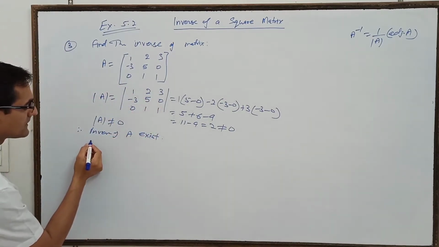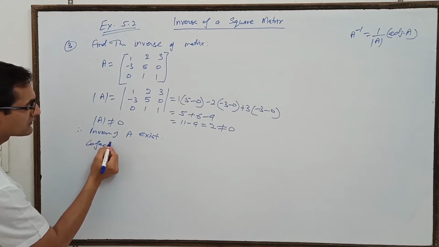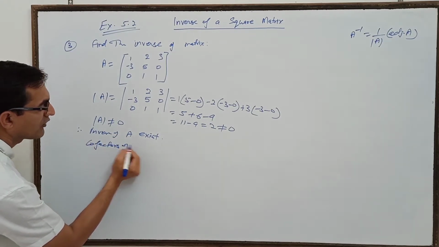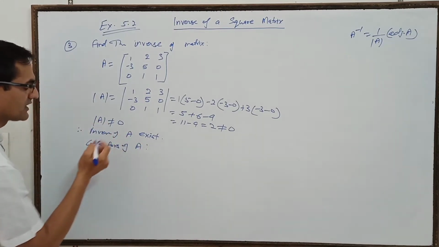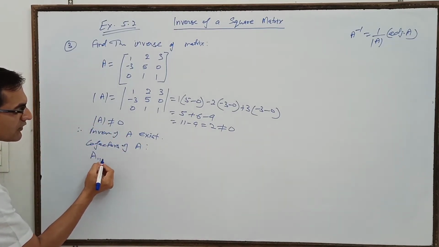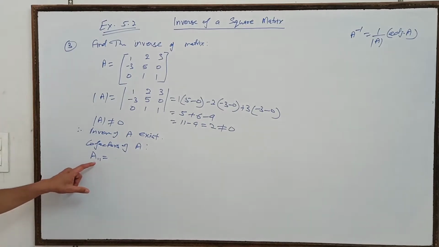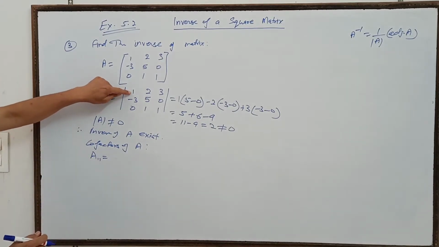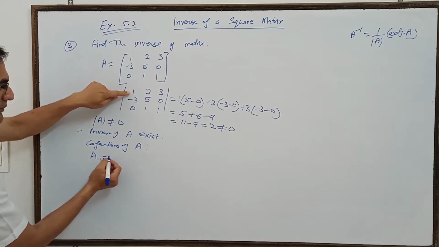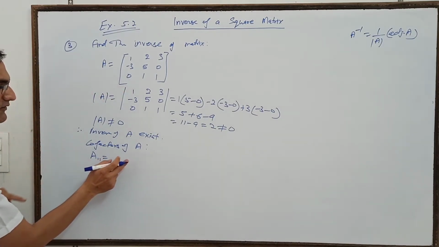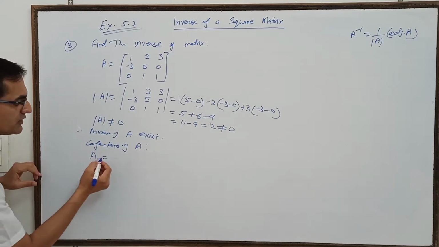Now, cofactors of A. A11. The sign is minus 1 to the power. We will write the first in detail, after that we will go in shortcut.